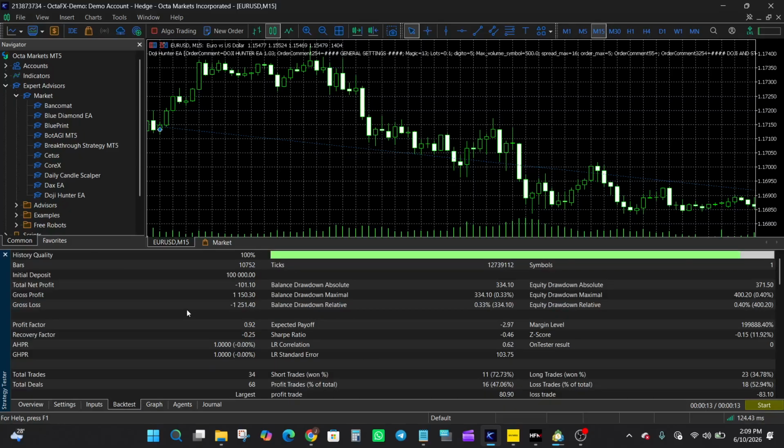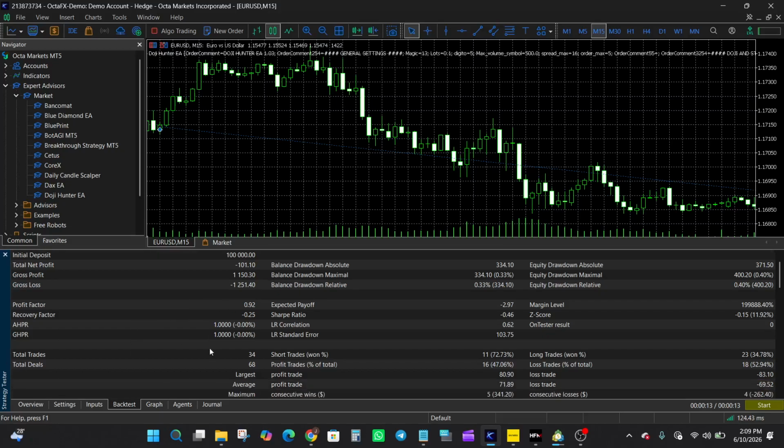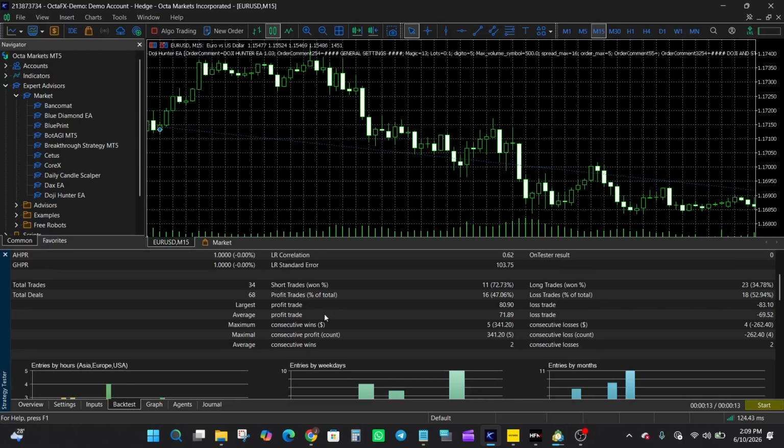Looking at the results, from an initial deposit of $100,000, total net profit was negative 101.1, and the total trades taken were 34. Short trades were 11 with 72.73% win rate. Long trades were 23 with 34.78% win rate. The largest profit was $80.9, largest loss was 83.1, average profit was 71.89, and average loss was 69.52.